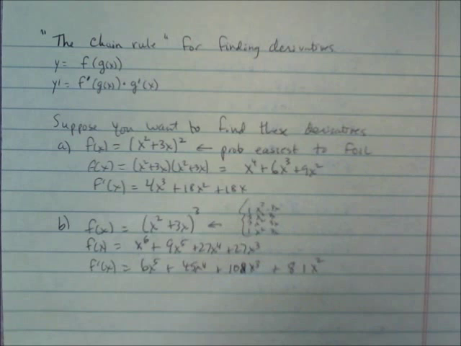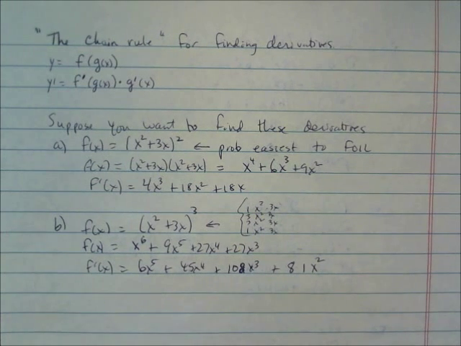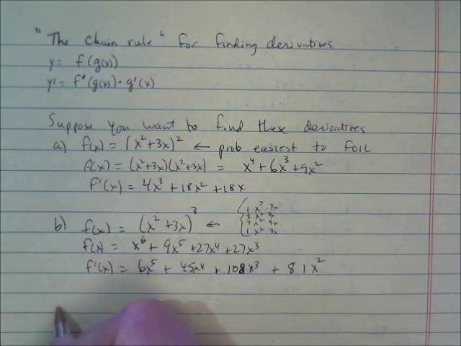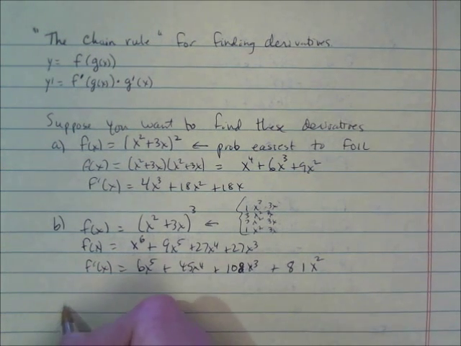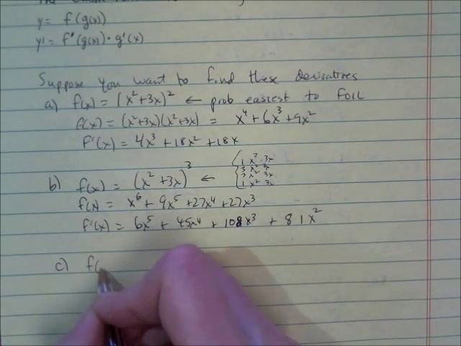So it's a little bit more work if you wanted to use that binomial expansion. So you could use the chain rule on this, or if you wanted to do that expansion and then bring yourself down to a polynomial that you can easily use the power rule on, that might be easy. But what if you have something like this?